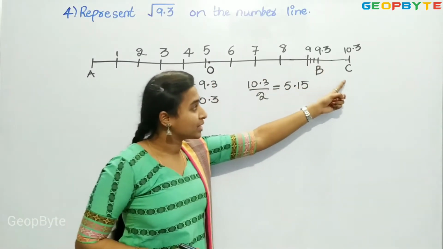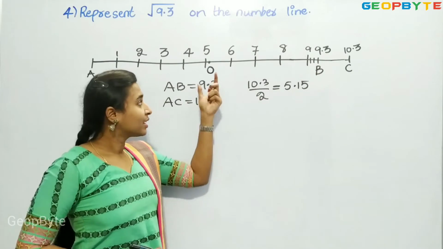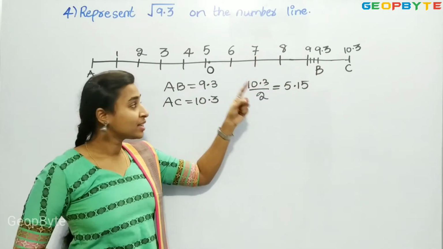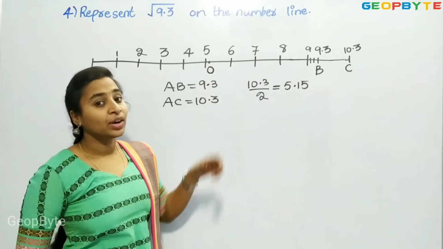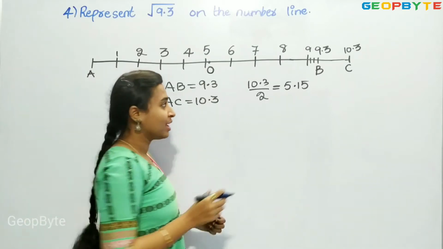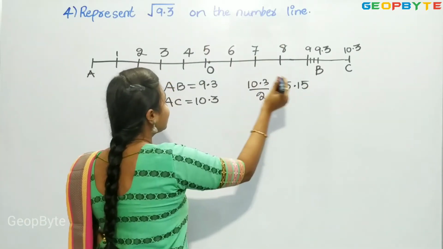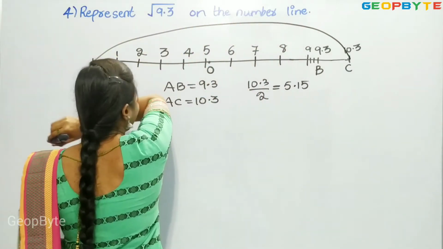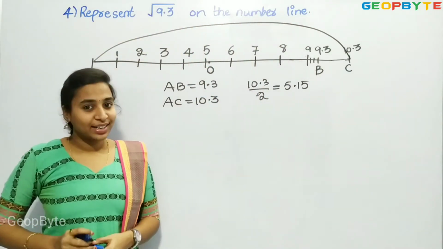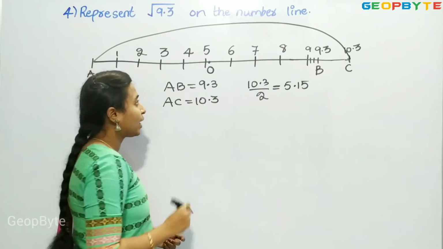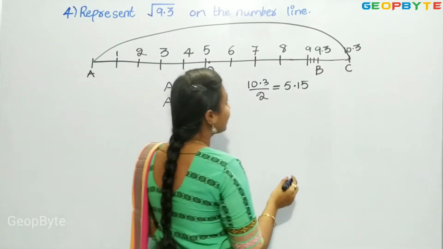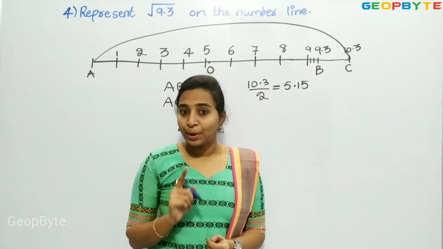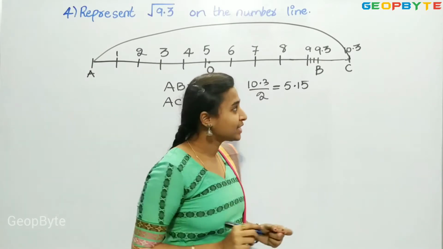Now, with OC as radius and O as the center, draw a semicircle. It will come like this. Now draw a perpendicular line to AC.